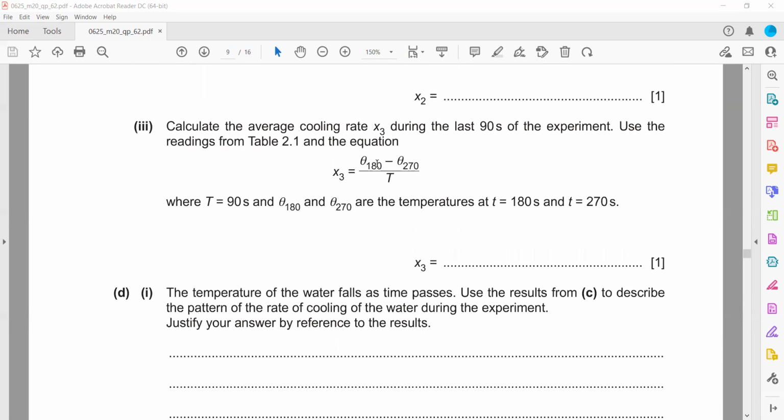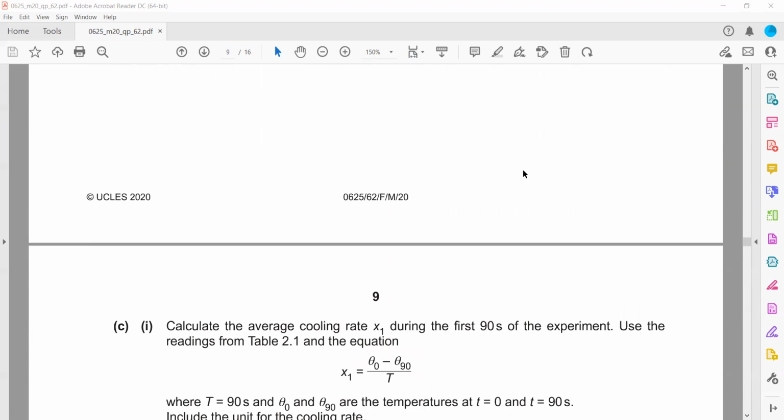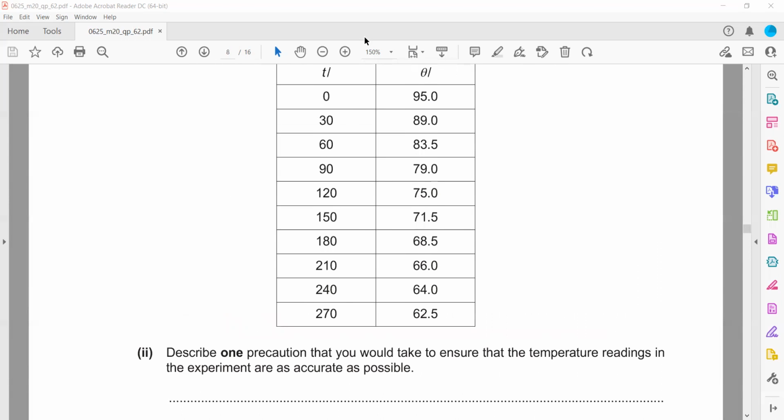Then we have to calculate the average rate of cooling from 180 to 270 seconds. In the same way, from 180 to 270, we take a difference here, which is about 6, divided by 90. So this will give us the rate of cooling.